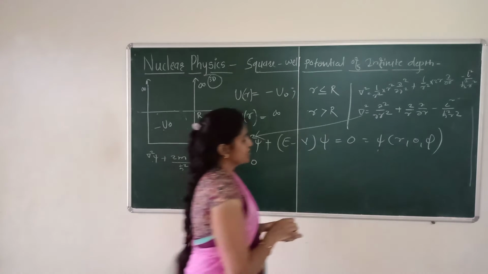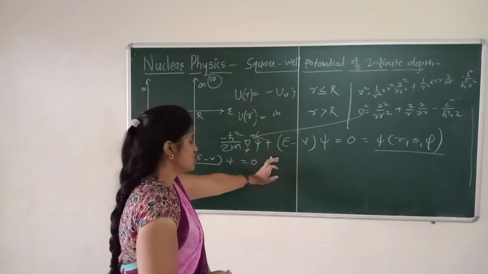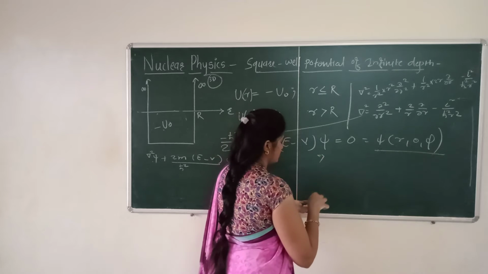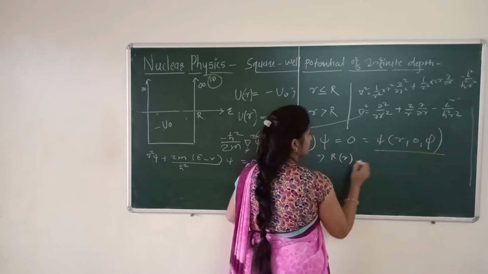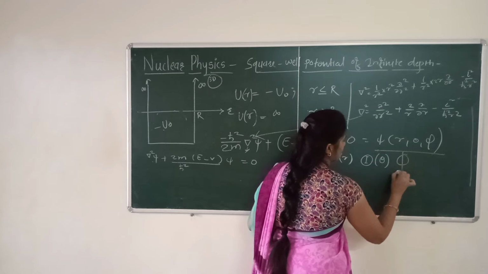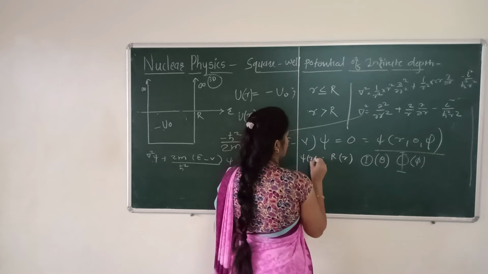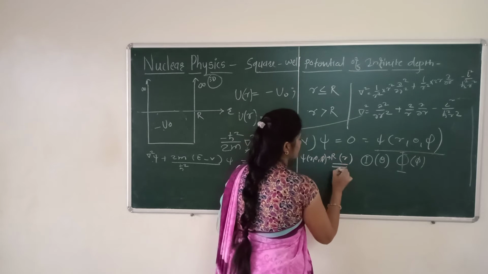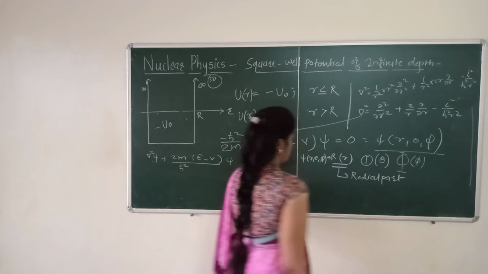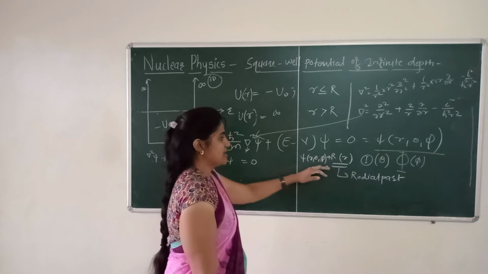Now first see here, if this is the 3D Schrodinger equation in 3D coordinates, then the solution of this 3D Schrodinger equation will be in the form of psi(r, theta, phi), and it can be written as R(r), Theta(theta), and Phi(phi), where this term is called the radial part of our solution. When we are finding the solution of this 3D Schrodinger equation, we will get this psi in the form of this.